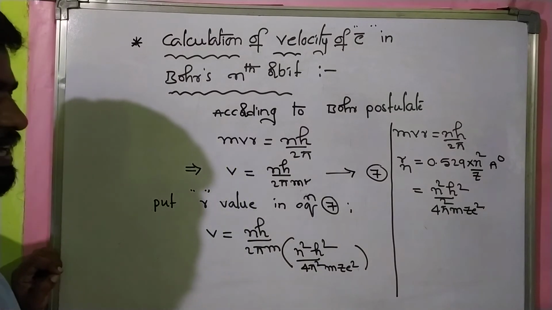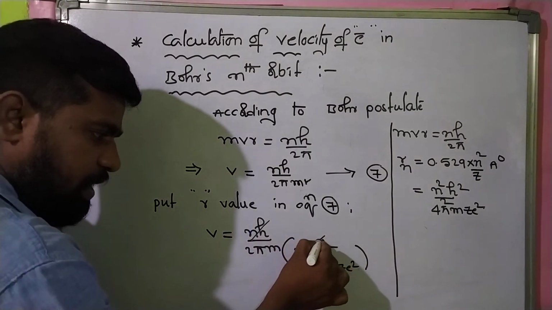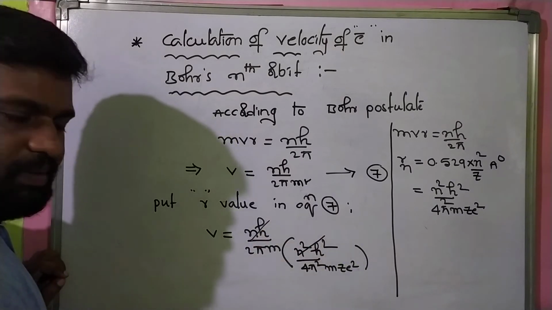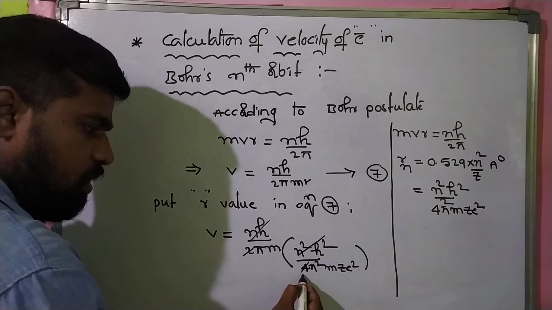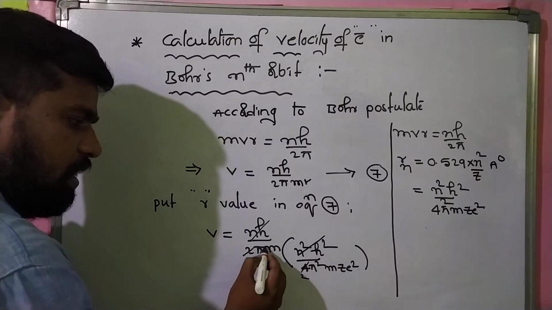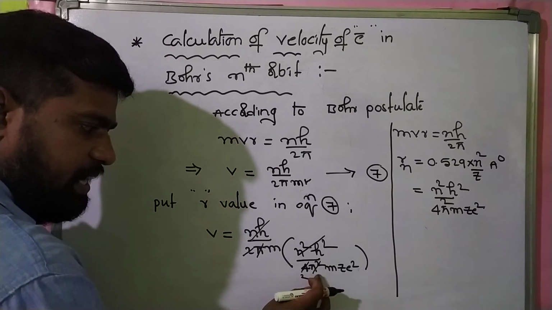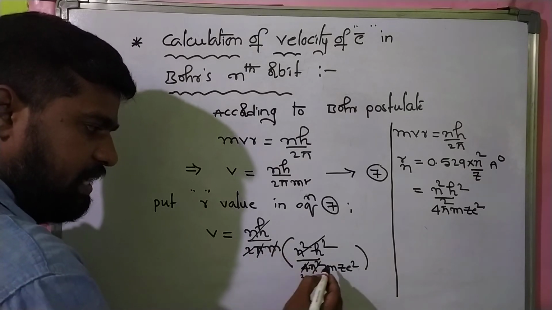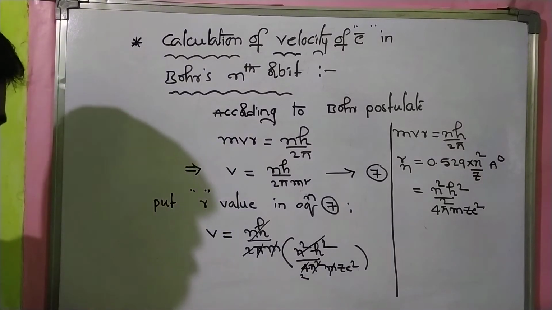Okay, listen everybody. One nh cancels, the 2s cancel, and one pi cancels, leaving one pi here. The m also cancels. Now rearrange the equation and write the remaining.